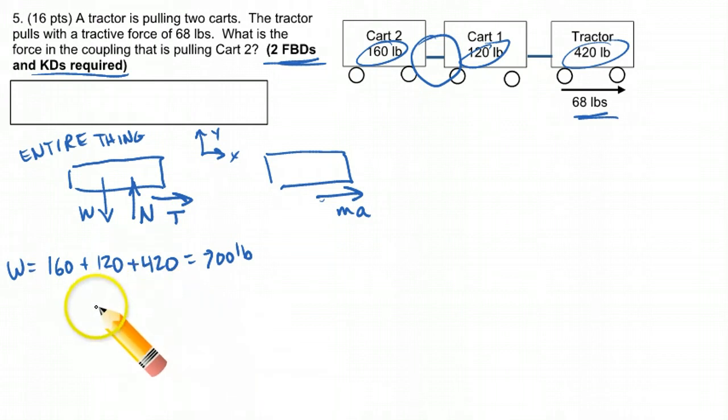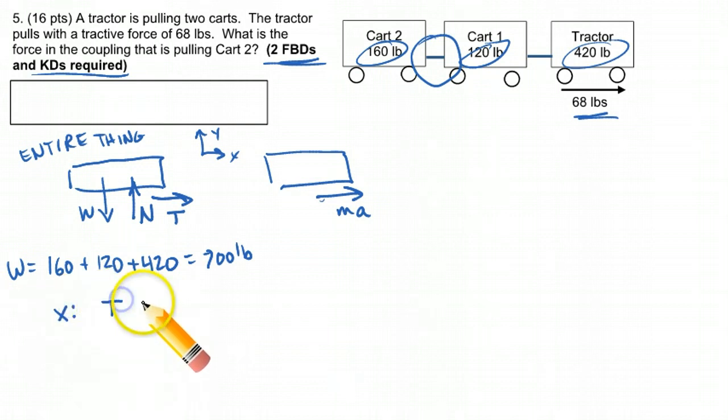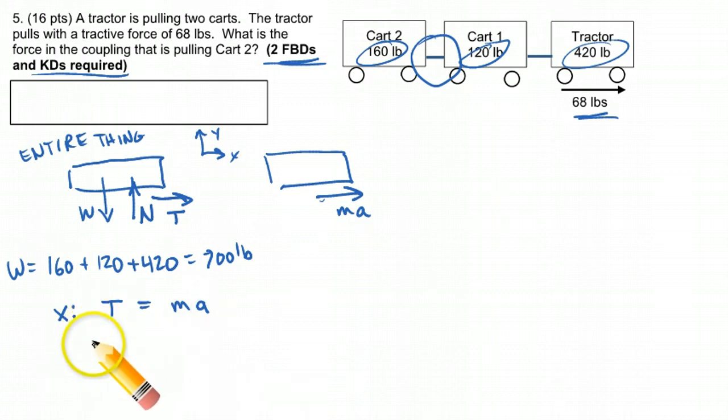We don't really care about that, but we do know from the X direction that the tractive force is equal to mass times acceleration. Tractive force is given as 68 pounds.